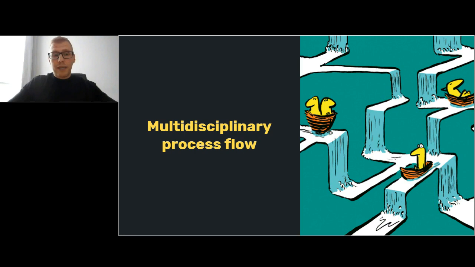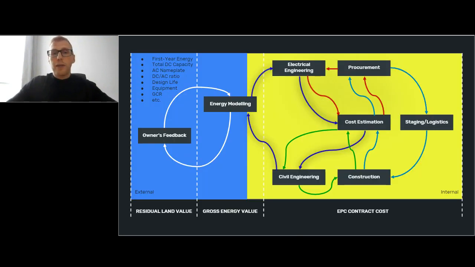So, just to summarize, if we go to the next slide, back to PV farm layouts: design and pre-construction. We have many people involved in the design and pre-construction of, let's say, a 100 megawatt utility scale PV farm.